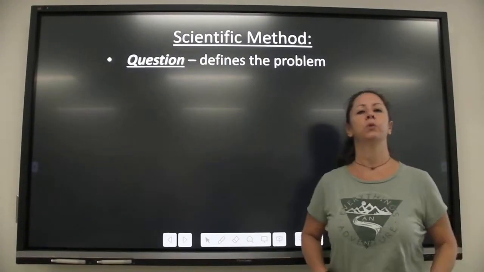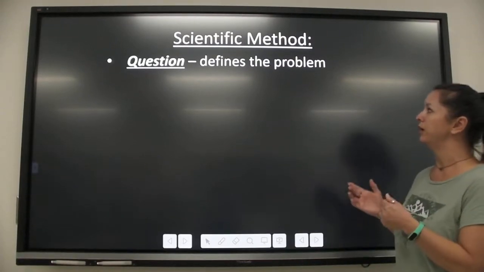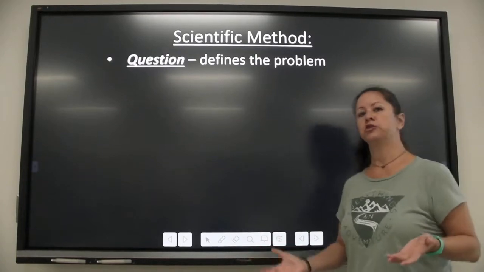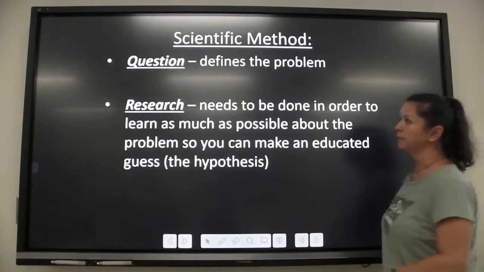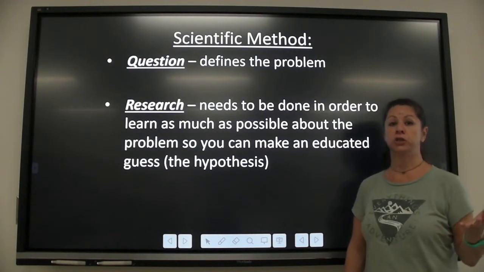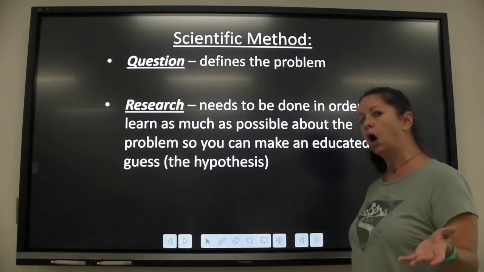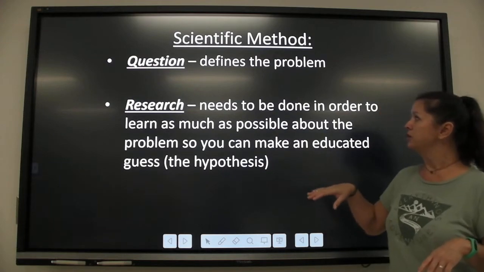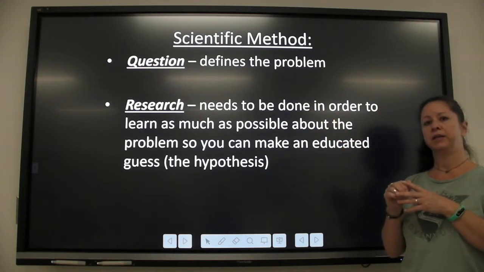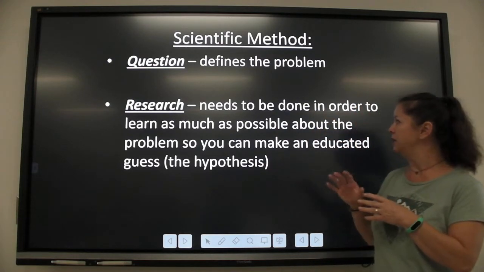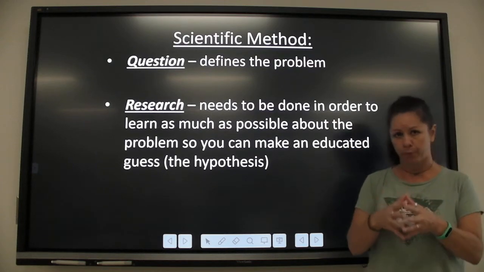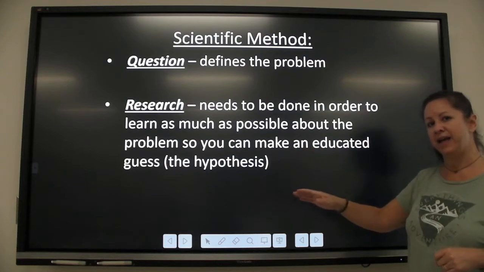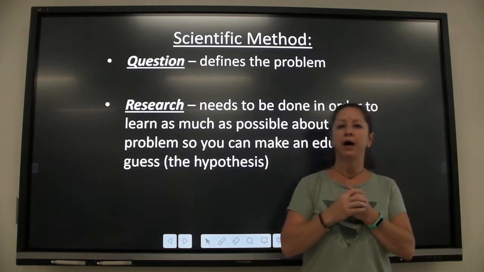Scientists want to know about the world around them, so they will ask a question, and that question defines the problem that they are trying to solve. They will then do research. A lot of times we don't talk about the research step, but it's pretty important. You need to do this in order to learn as much as possible about the problem so that you can then make an educated guess. And that's creating the hypothesis.